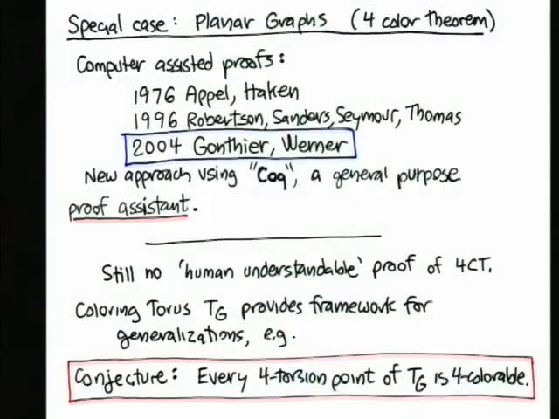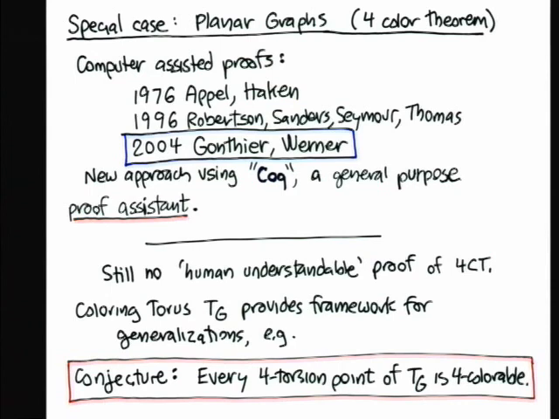Okay. So the special case I'm interested in is planar graphs. There's been some developments recently. I mean, the first computer proof drew suspicion in many ways, but just because it was so complicated, people didn't know whether to wonder about the code or wonder about everything else.